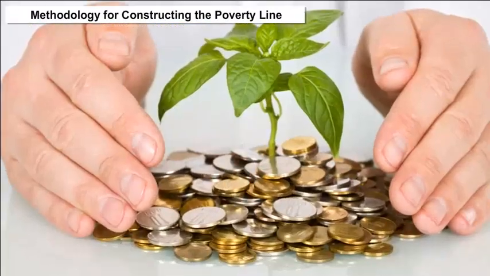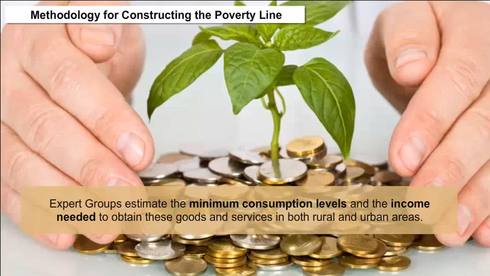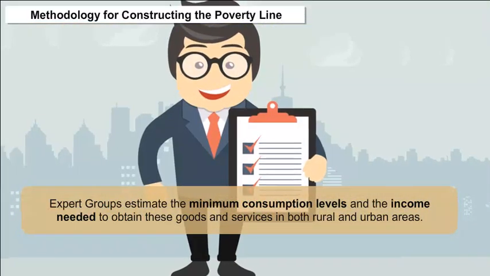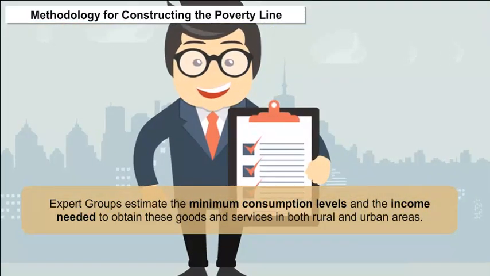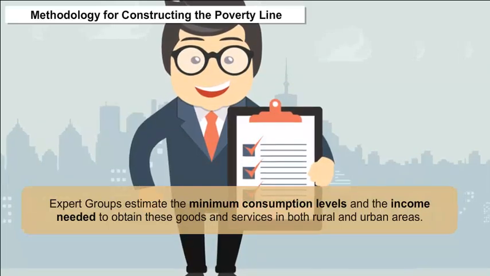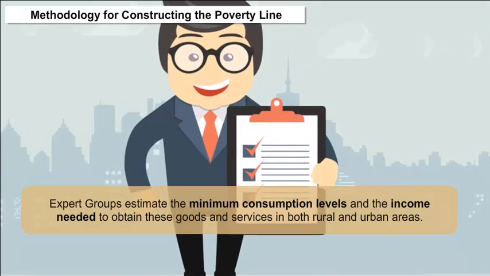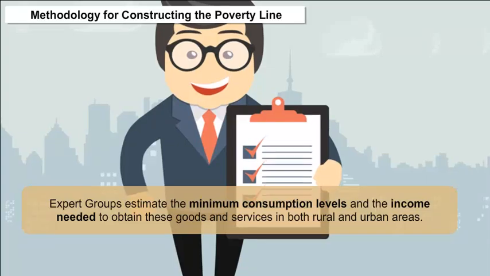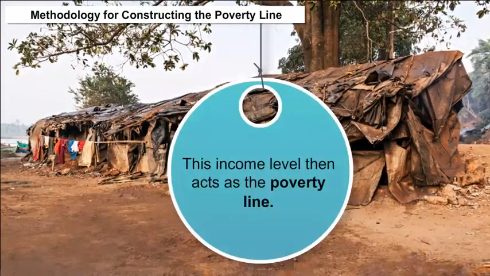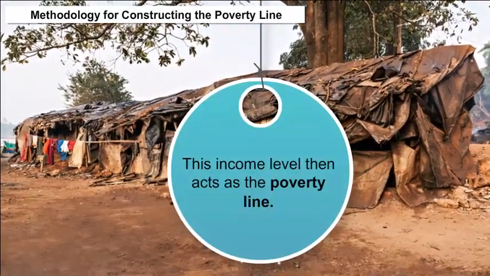Based on this consumption pattern, the expert groups estimate the minimum consumption levels and the income needed to obtain these goods and services in both rural and urban areas. This income level then acts as the poverty line.